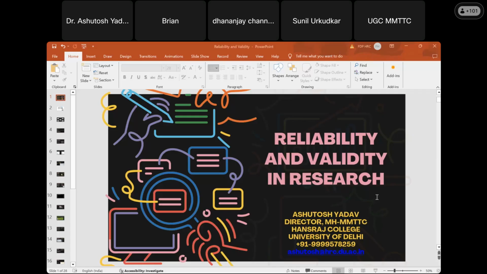So the generalizability of the studies is compromised, because even in a study done in Nagpur, the implication might not be valid for another city in the same state. Yes, thank you, sir.